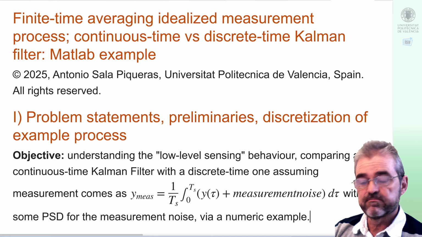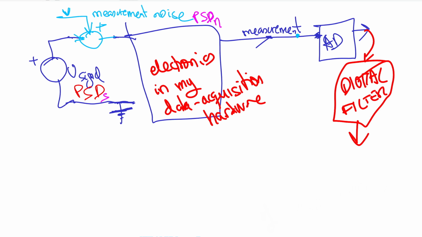So, if we recall, the basic setup of measurement and data acquisition can be viewed from an abstract point of view as having a signal, a voltage source, contaminated with some high frequency, let's say, measurement noise that some electronics in my data acquisition hardware must filter.